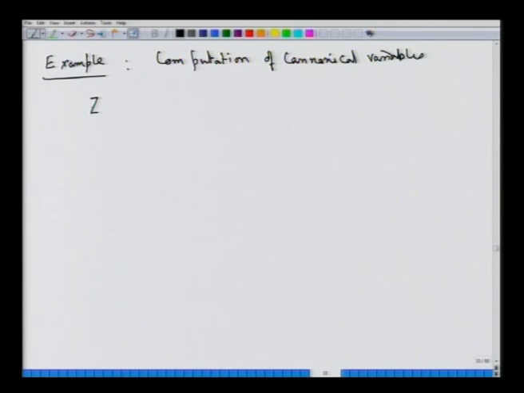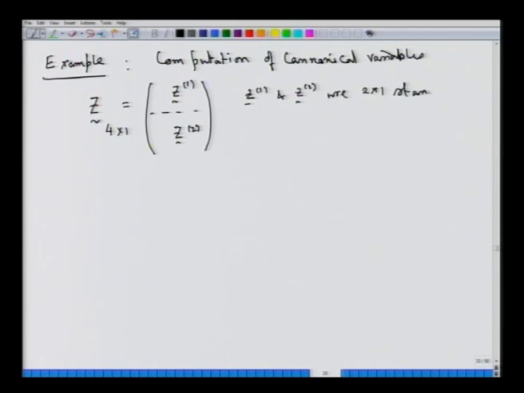Now, in this example we consider a z vector, which is a vector of standardized variables, partitioned into two parts, z1 and z2. Now, this z1 and z2 are 2 by 1 standardized variables.